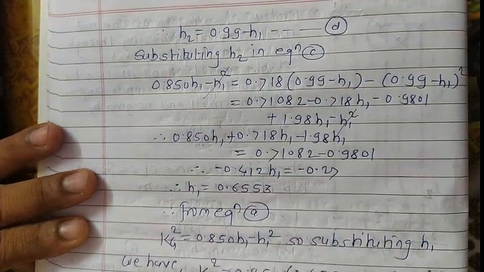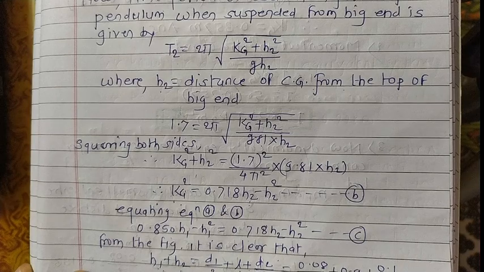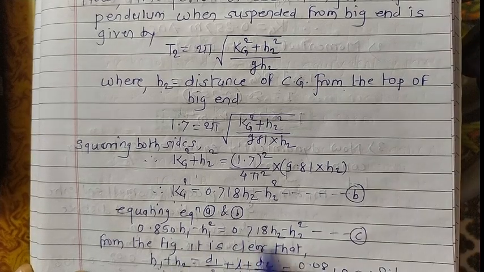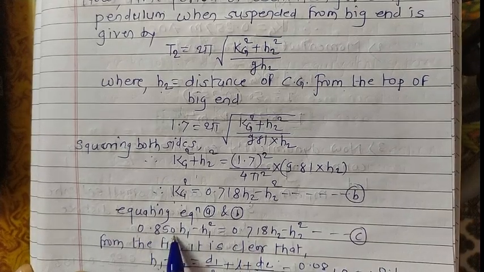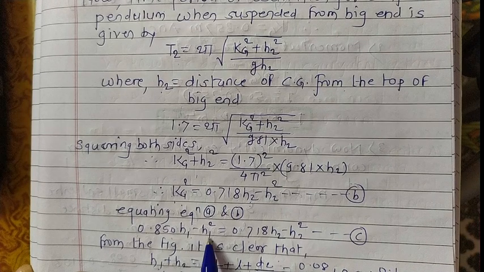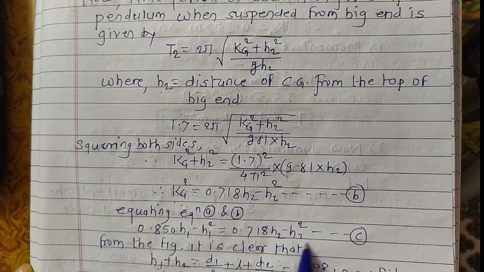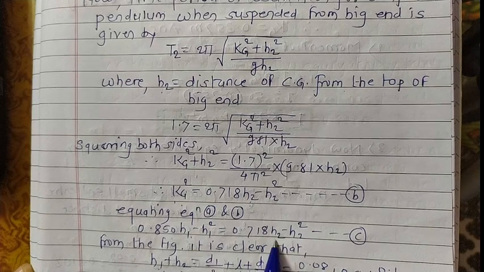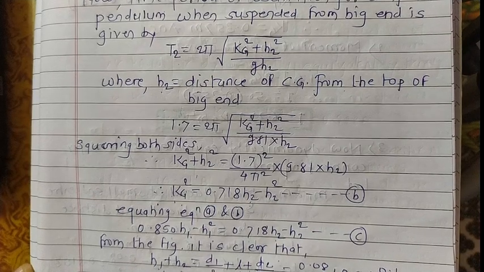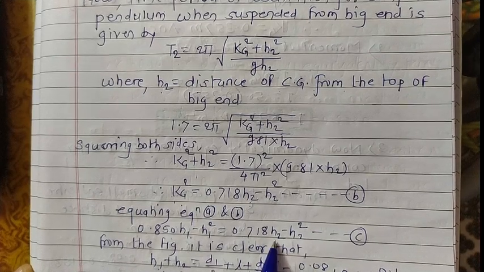So equation C is 0.850 H1 minus H1 square equals 0.718 H2 minus H2 square. If you look at this equation in terms of H1 and H2, already from equation number D we can get the value of H2.